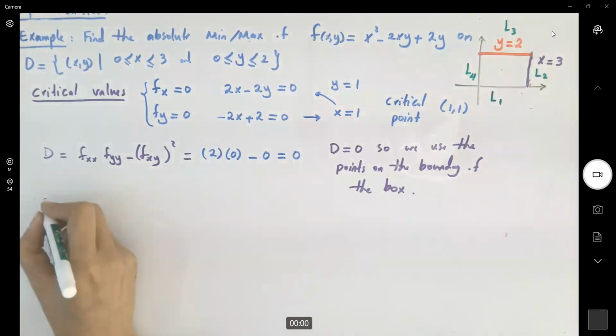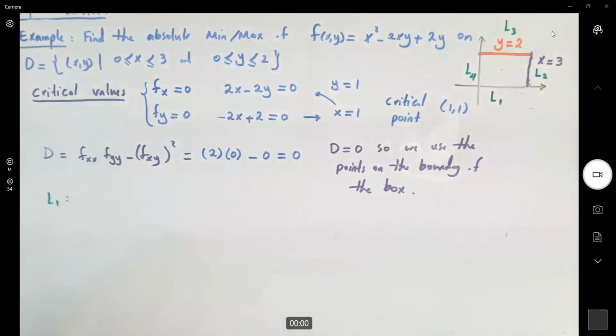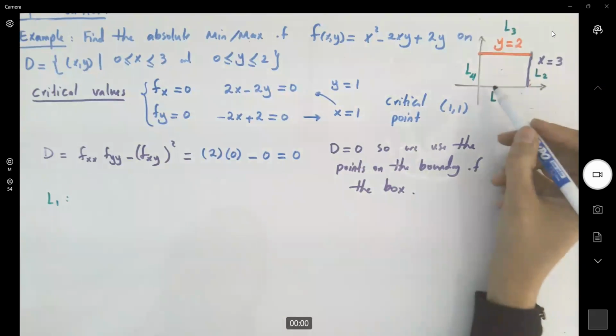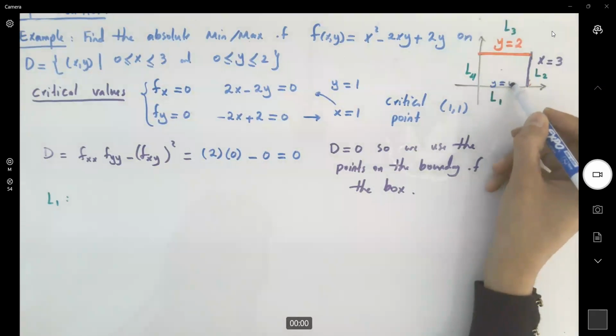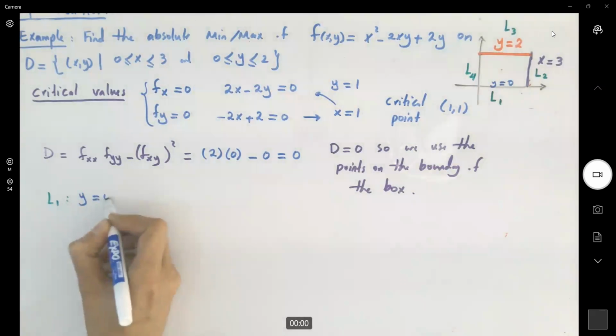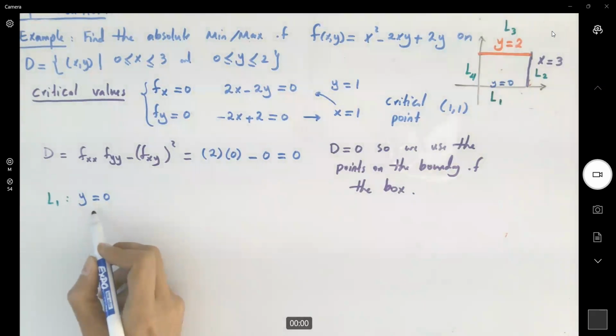On L1, we have the following scenario. Take a look at L1. Your y value is equal to 0. This is from algebra, nothing new. y is equal to 0.